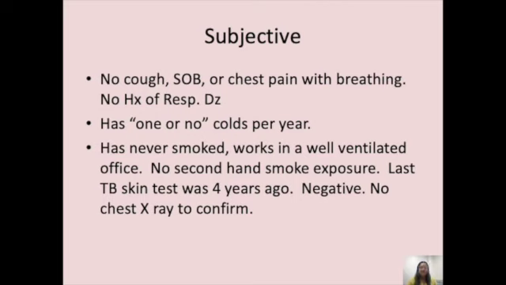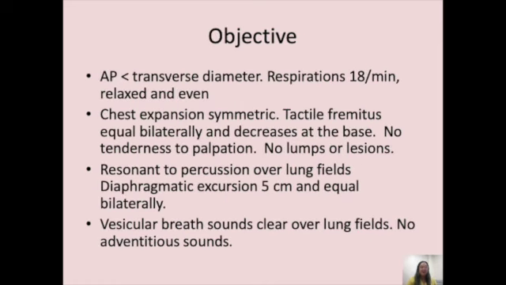Now, if you have more to add to this because you've had a little bit more detail in your subjective interview, you may add to this, but this should be the baseline of what your subjective charting should entail. The next part is objective findings, which is your actual hands-on assessment.